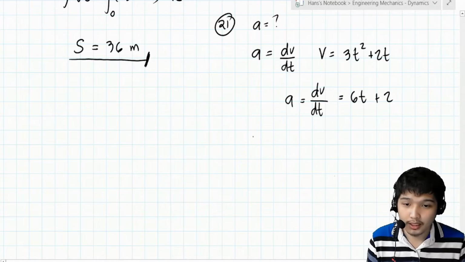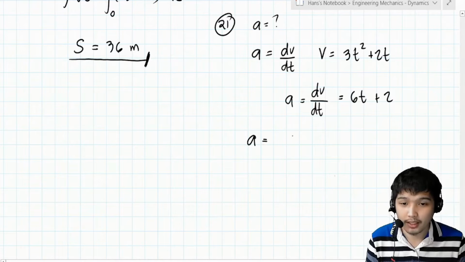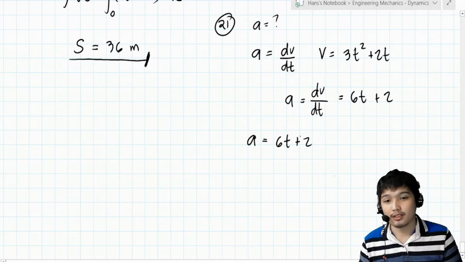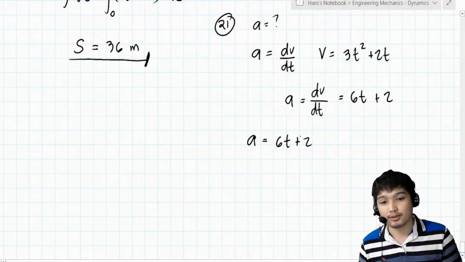So the acceleration can now be defined as this equation, 6t plus 2. That is the equation relating the acceleration and the time t.